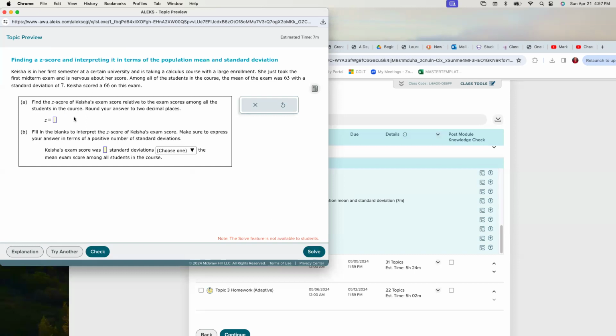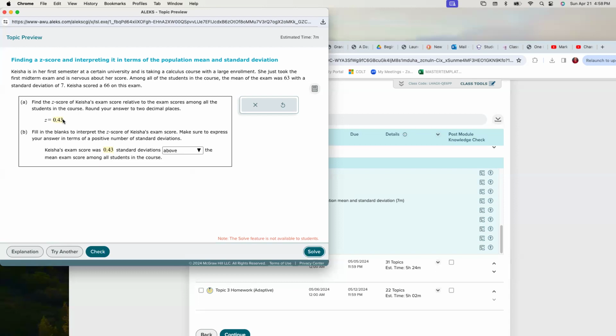I'm not going to go through it specifically, but all we would do is say, she just took the midterm and is nervous, the mean score was 63 with a standard deviation of 7. Find what her score is. She scored a 66. So that would just be 66 minus 63 divided by 7. We'll do it the fast way and say it was 0.43, rounded to 2 decimal places.